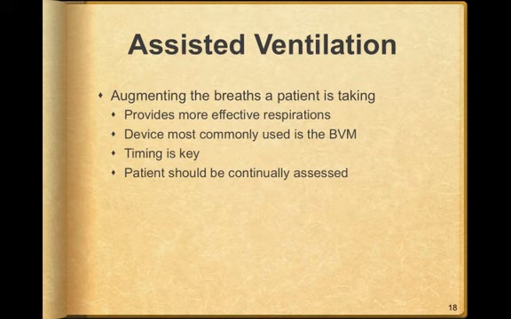So as they breathe in, and this will be shallow at first if they're breathing really fast, assist their ventilation. Give them a couple more breaths and then assist again. And then get to where you are assisting every ventilation and go from there. You should be able to slow down the respirations at that point. The patient should be continuously assessed to be sure that they are breathing appropriately or having adequate ventilation.